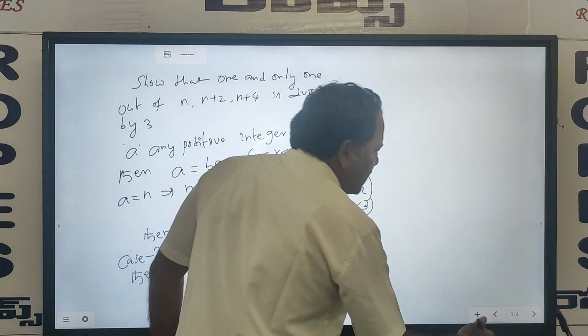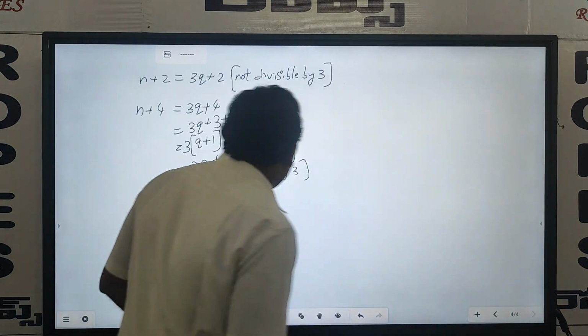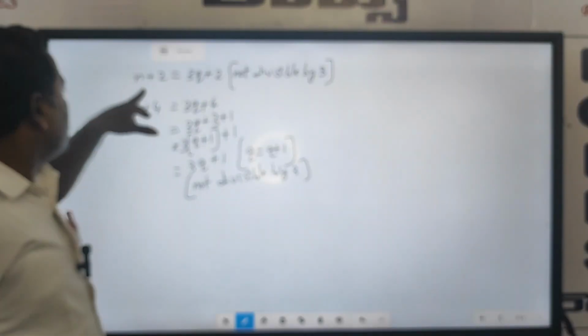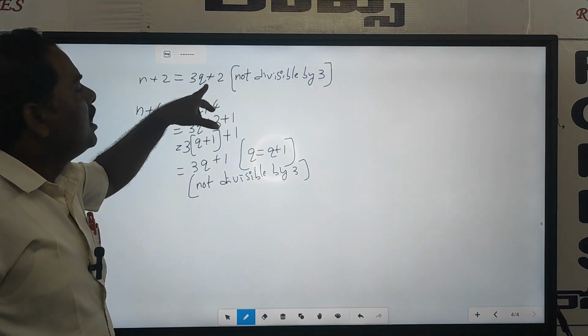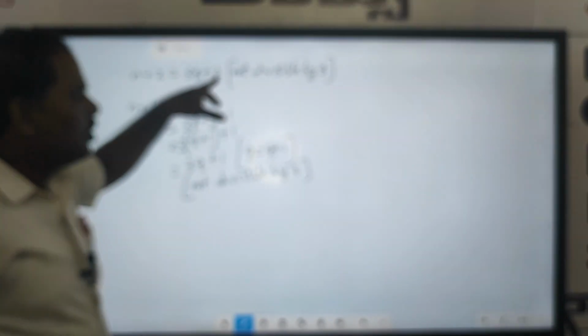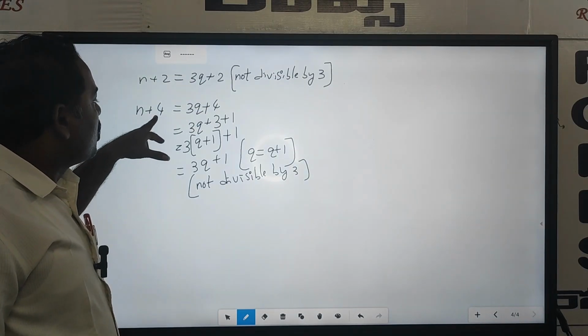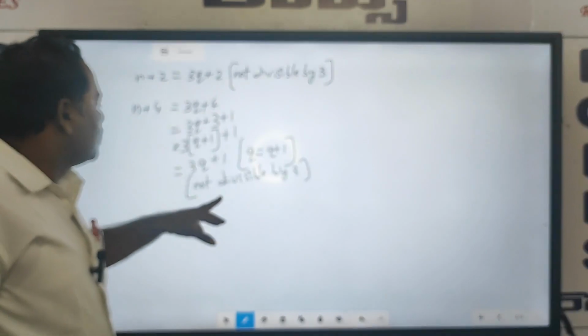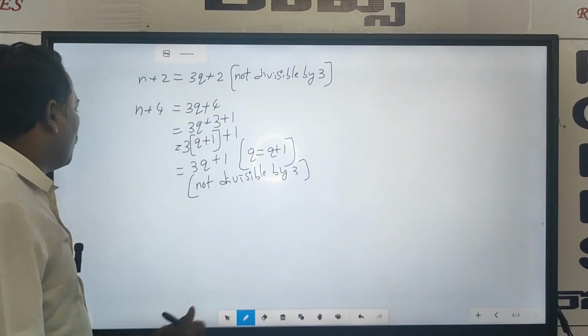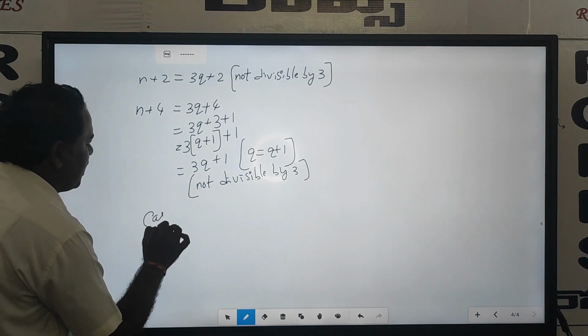In the other two, n plus 2 is not divisible by 3 because the remainder is 2. And n plus 4 is also not divisible by 3, because here we are getting remainder 1. Now we will see case 2.